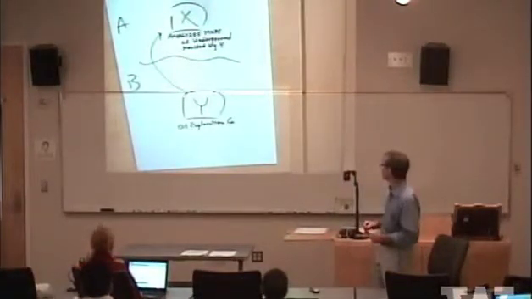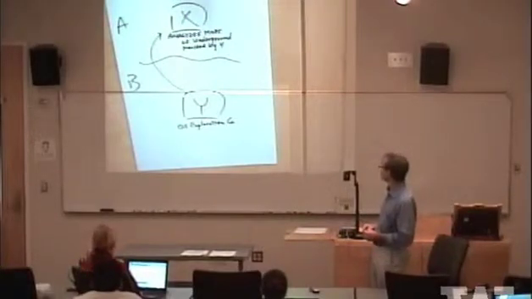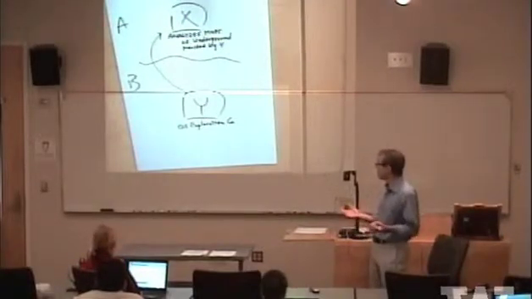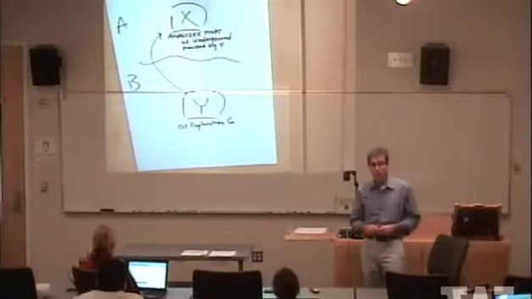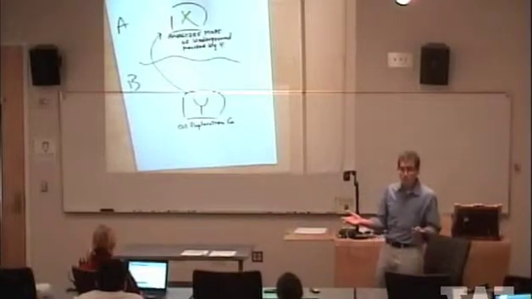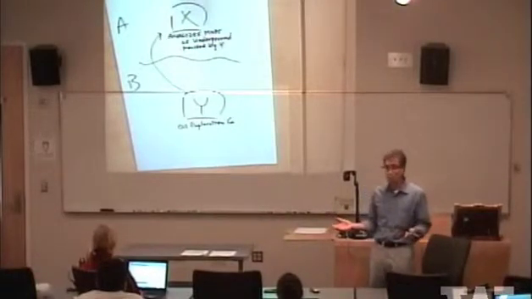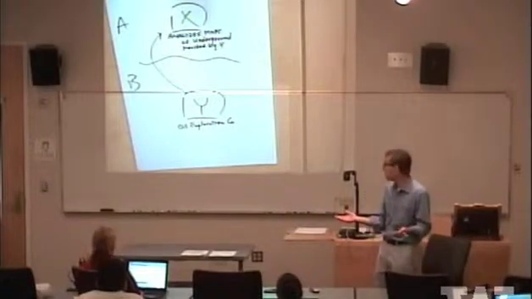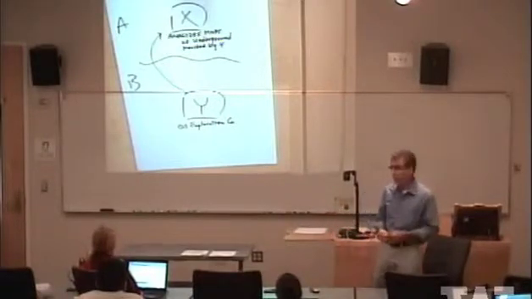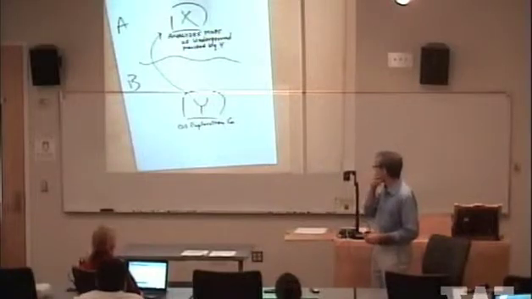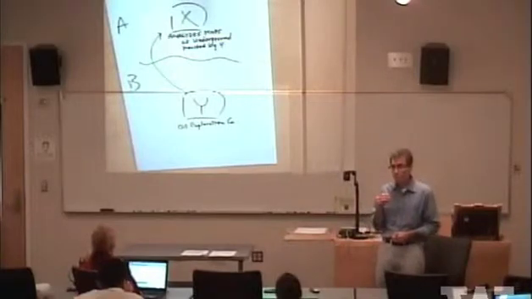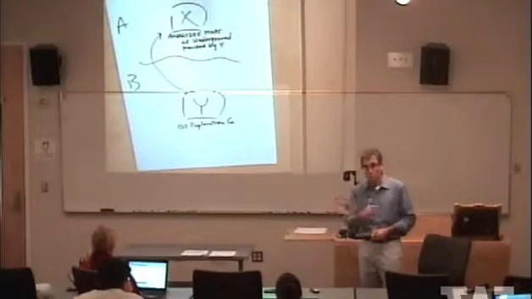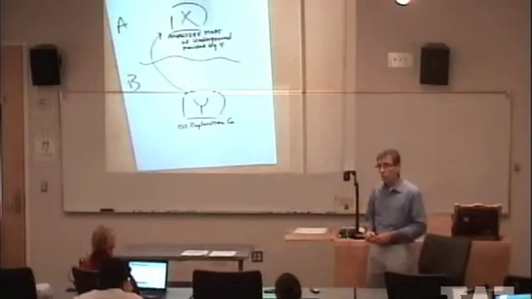We have X, which analyzes maps of the underground provided by Y. Y is an oil exploration company which has rights to explore and drill for oil under certain pieces of ground, let's say in country B. And X is going to analyze those maps, maybe run them through computer programs, and presumably they're highly trained geologists.